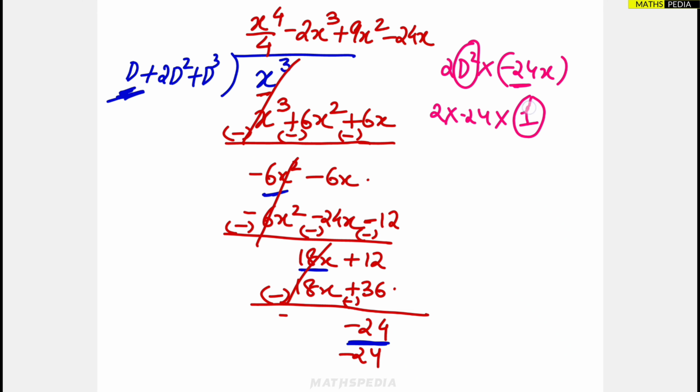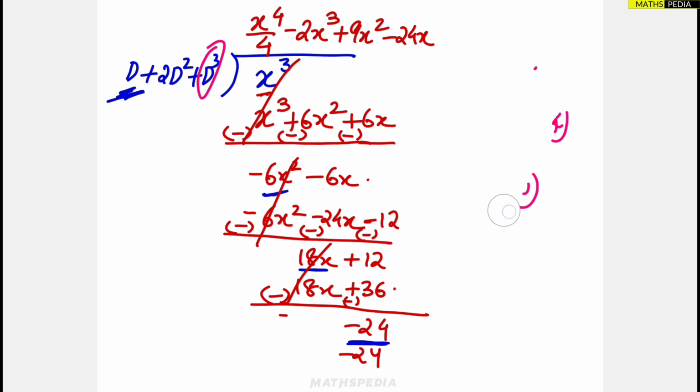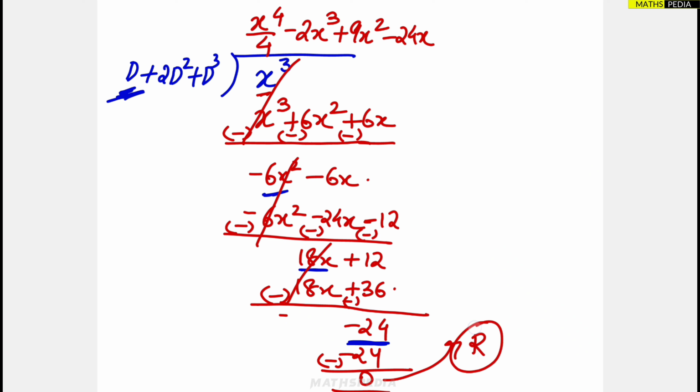Again if you differentiate, it will become 0. Because there is no x term here, differentiation of this entire constant is 0, right? So this entire value is 0. Triple differentiation no need to do, because D cube will also be 0. Now subtract this thing, so minus, so it will be 0. Always remember the remainder should be what? 0. If you are not getting remainder 0, then there is some mistake.